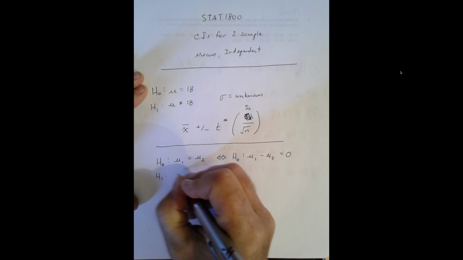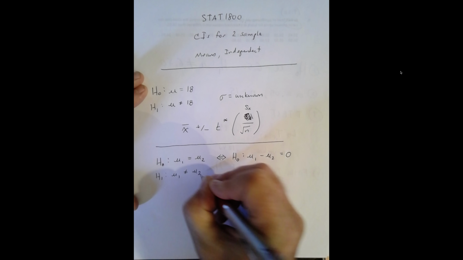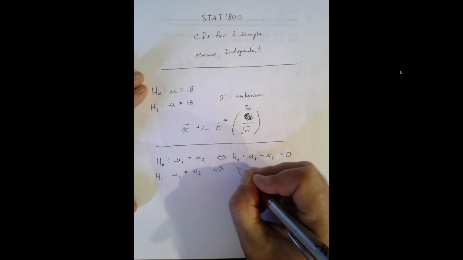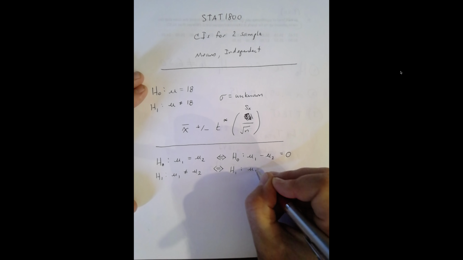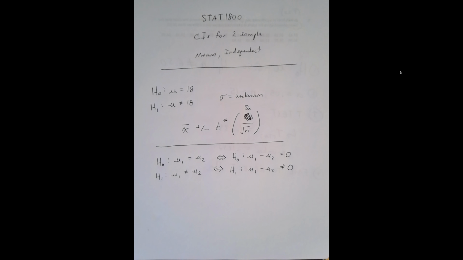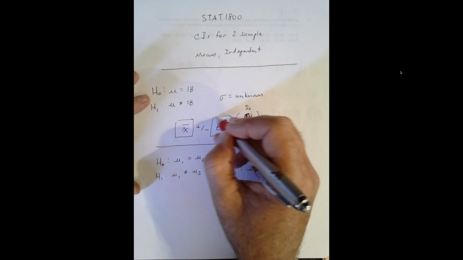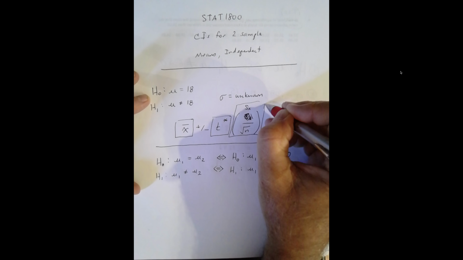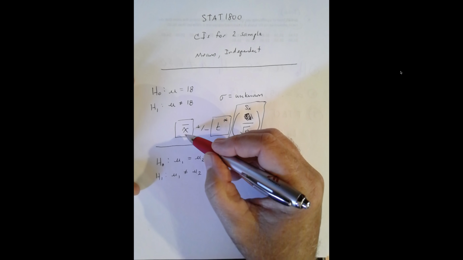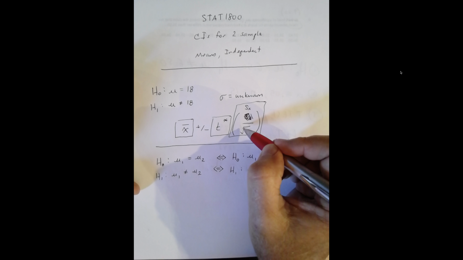And H sub 1, mu1 not equal to mu2, which is equivalent to H sub 1, that the mean difference is something other than 0. So if you think about it, we've got a part right here, a part right there, and a part right here. That part is the sample statistic. This part is our t critical for the t distribution, and this part is the standard error.